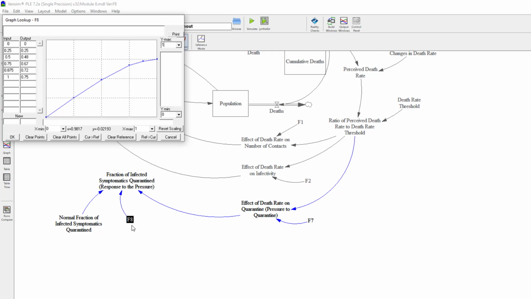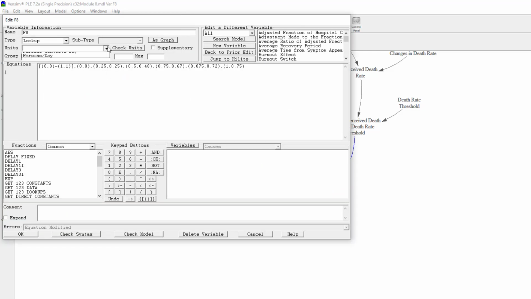So F8 actually makes sure that our model runs even in the extreme situations of really high death rate or really high normal fraction of infected symptomatics quarantined, which would represent really strict policy measures. Okay, so you can click OK, and this is going to be dimensionless.